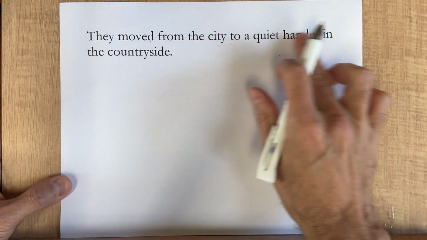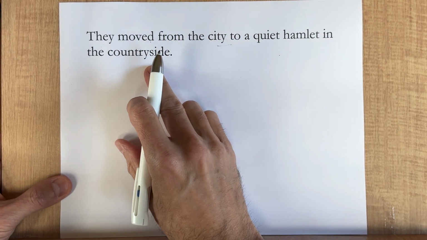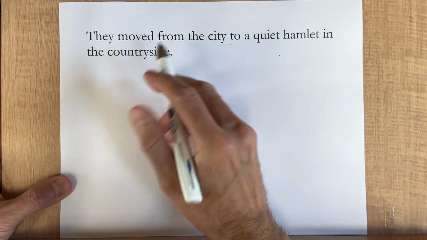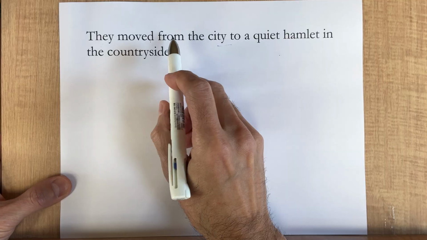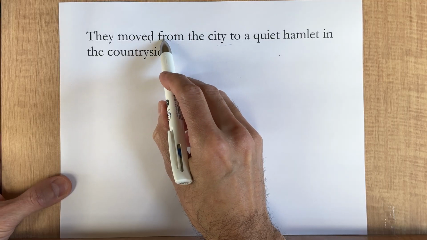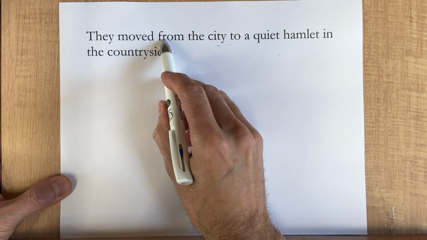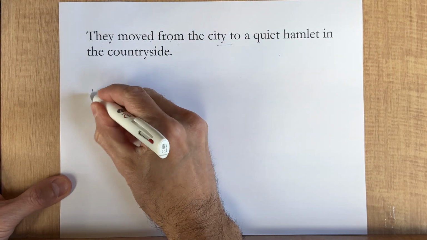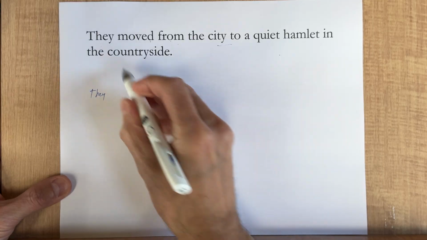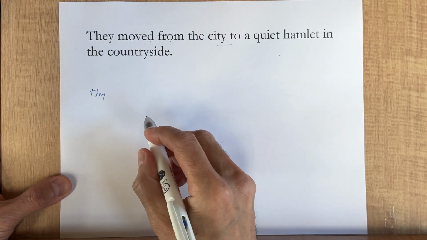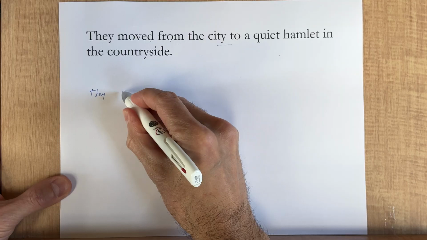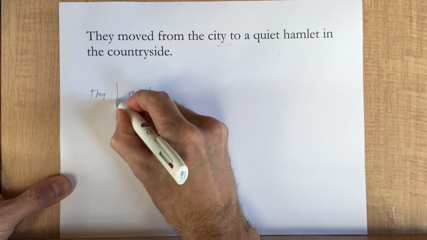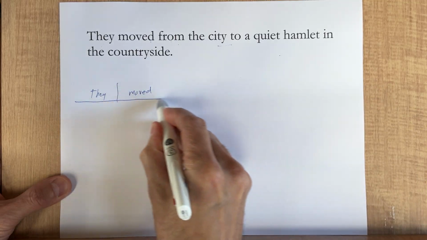But then you have all this other stuff happening. And we know just from the previous things, we can already deduce that from is a preposition. So because we have so much of this extra part of the sentence, I'm going to start it over here. They. We don't have other words around they and moved, so I can probably be safe to put moved over here without spreading it out way down there because I don't need to.